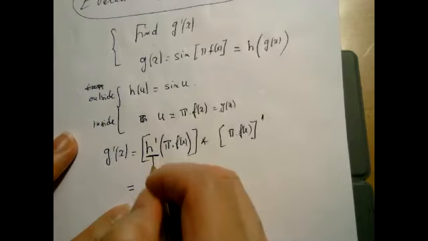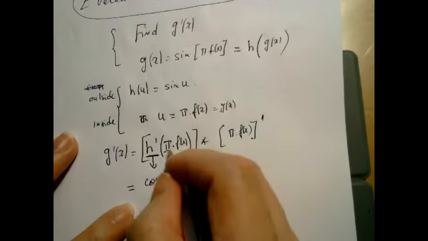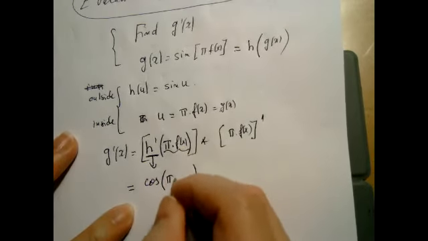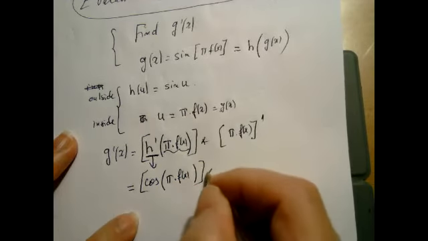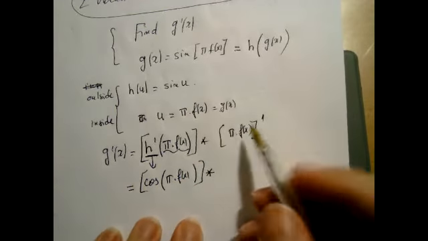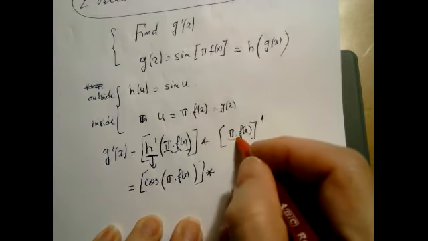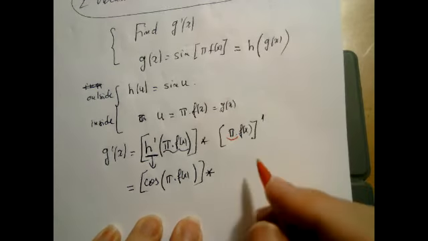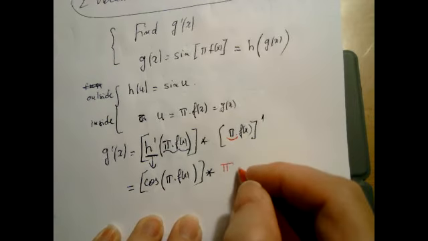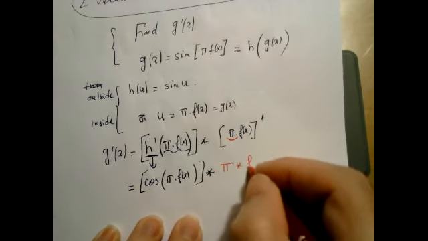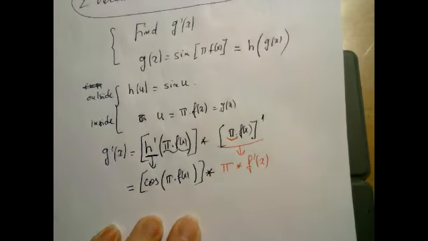But we evaluate it at the inside, times the derivative of pi times f. Now, pi is a constant. So we have a constant times a function, so its derivative is pi times f prime of x.